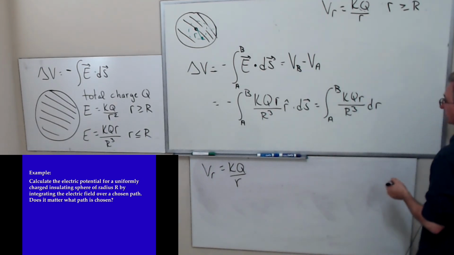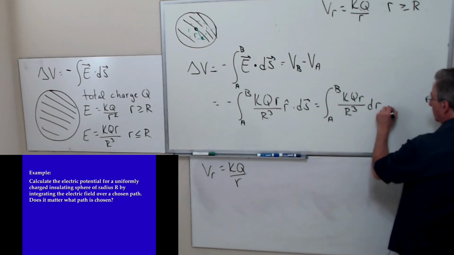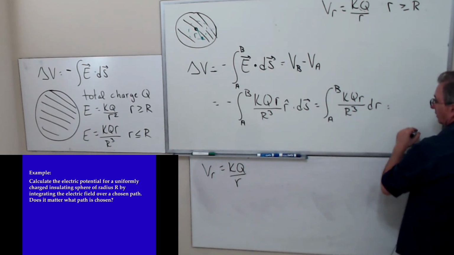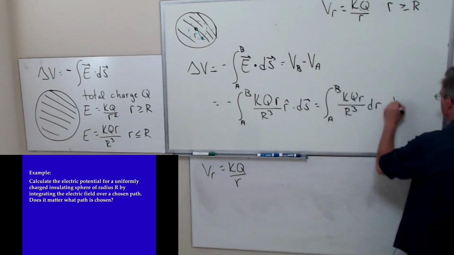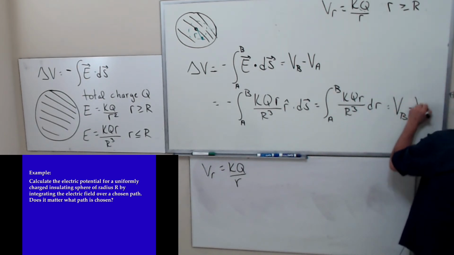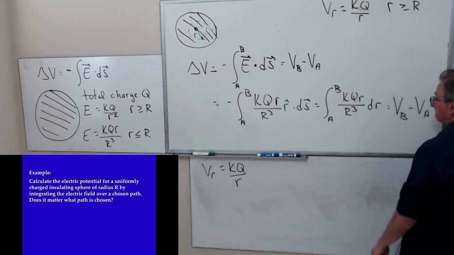And granted, this is not a hard integral to do, right? Now, what I'm going to choose for my limits, that's the next question. Let me put V sub b and V sub a before I go on. What do I choose for my limits?